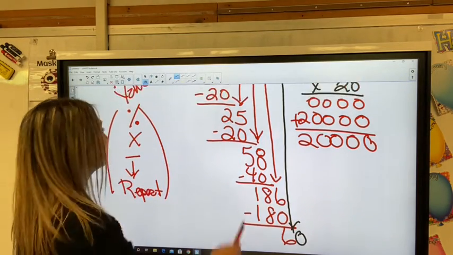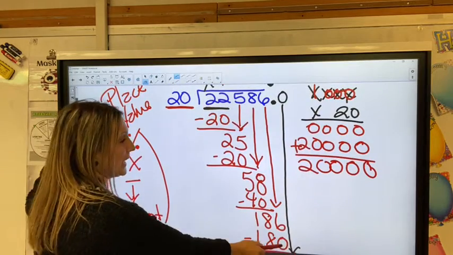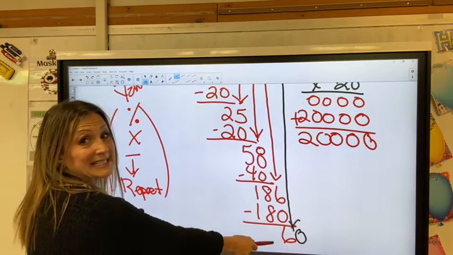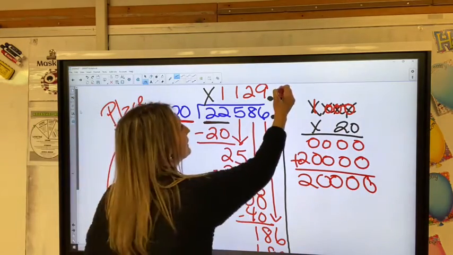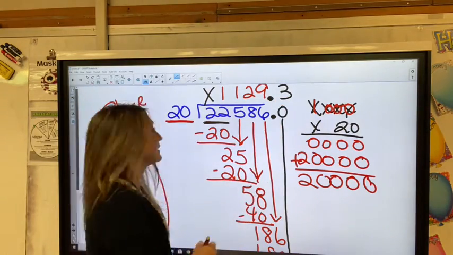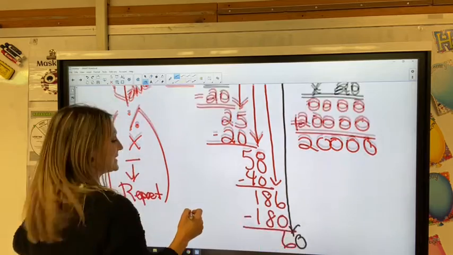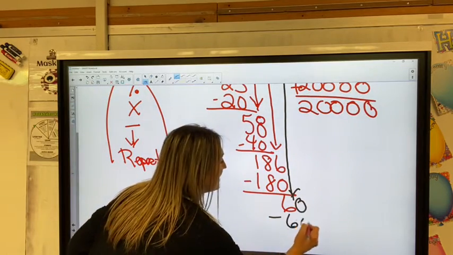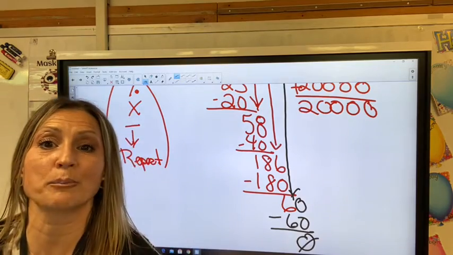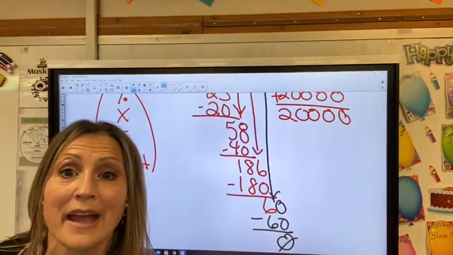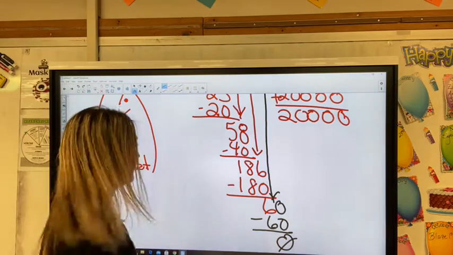I then ask myself, how many times will 20 go into 60? Hopefully you're going to tell me 20 times 3 is 60. So I come back down here, and 60 minus 60 is 0. And now my division problem has stopped. And that's called a terminating decimal.